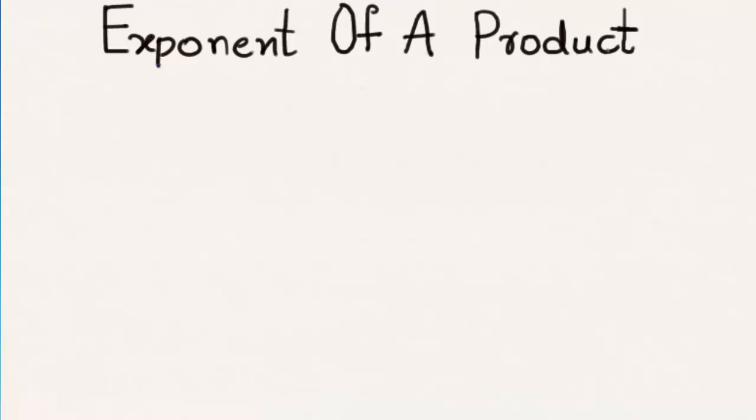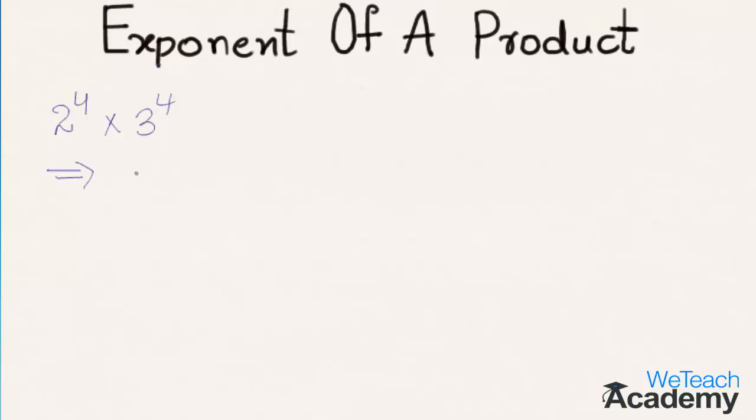So here the first example is 2 raised to the power 4 into 3 raised to the power 4. Here bases are different and exponents are same. And here 2 raised to the power 4 can be written as 2 multiplies itself for 4 times. And 3 raised to the power 4 can be written as 3 multiplies itself for 4 times.